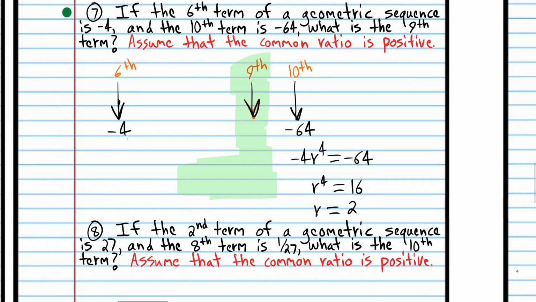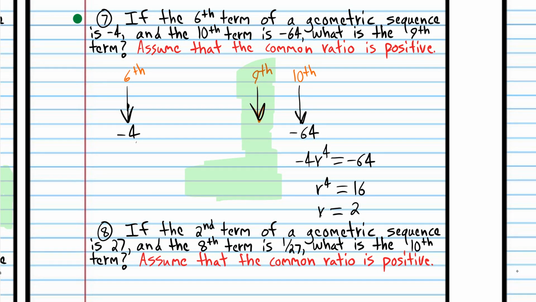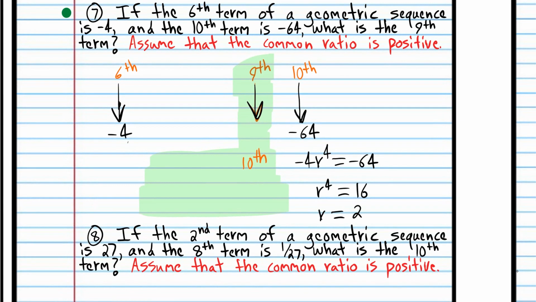And now that we have the common ratio, we can use that to find the 9th term. So we know that the 10th term is -64. We can start from there. We could start from the 6th term, but the 10th term is closer.